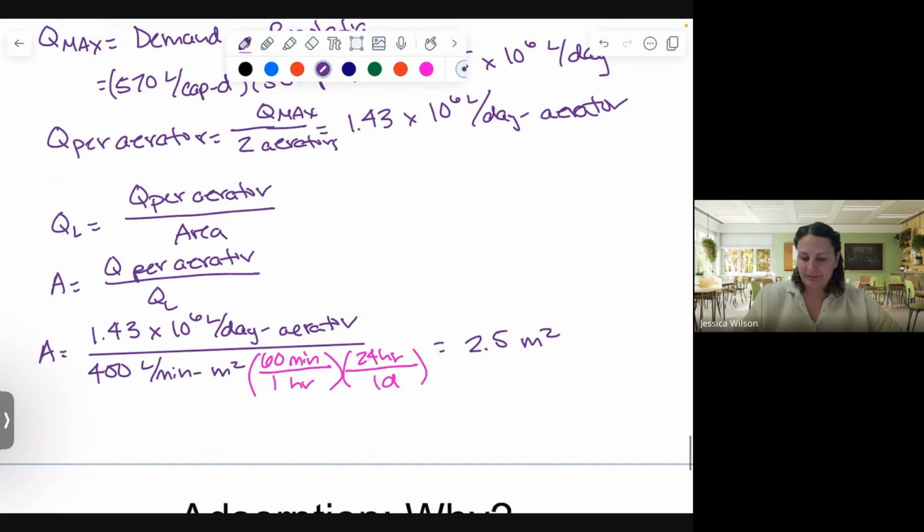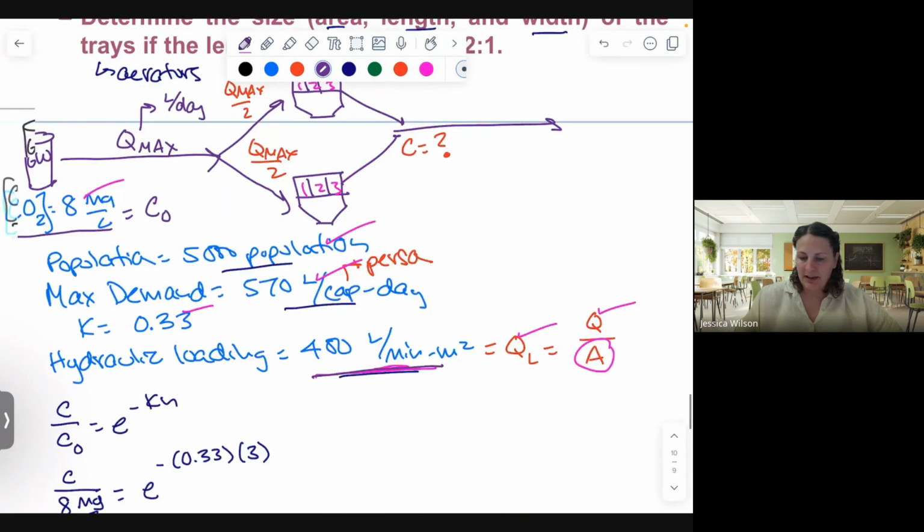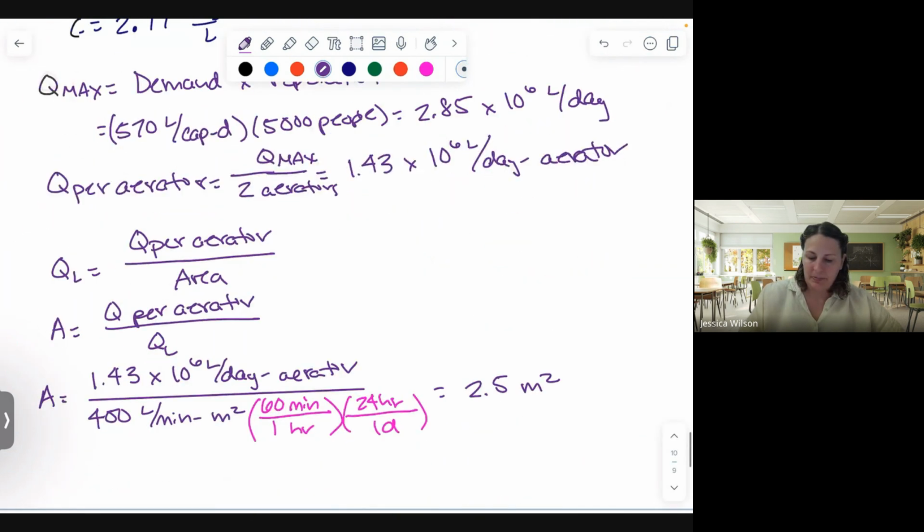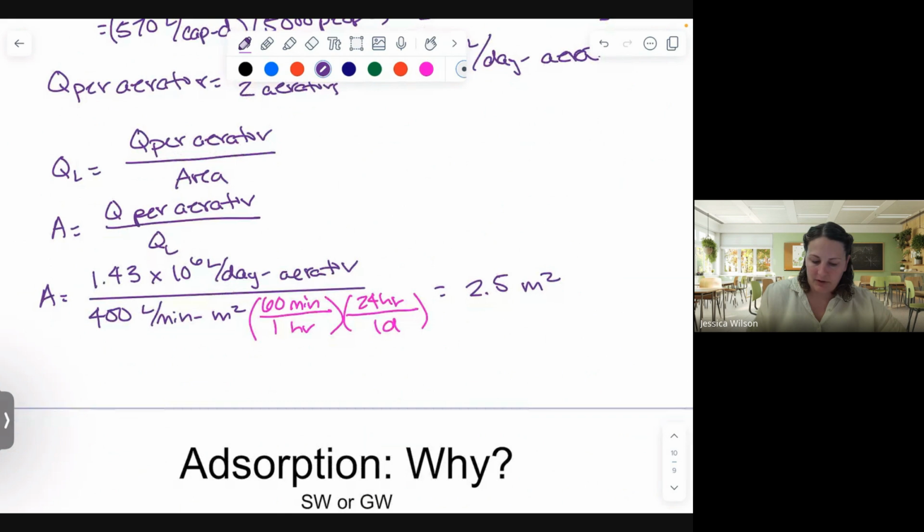So that's the area of our tray aerator, and then we have the length to width ratio of 2 to 1. Just very simply, our area is just our length times our width.